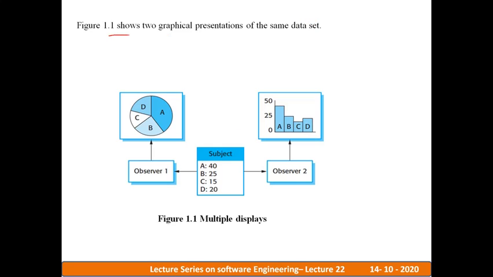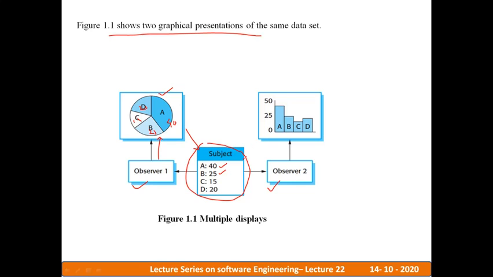Figure 1.1 shows two graphical representations of the same data set. Here we have the subject class with a set of data A, B, C, D, and there are observer 1 and observer 2. Through observer 1 we can display this data in a pie chart: A is 40%, B 25%, C 15, and D 20.